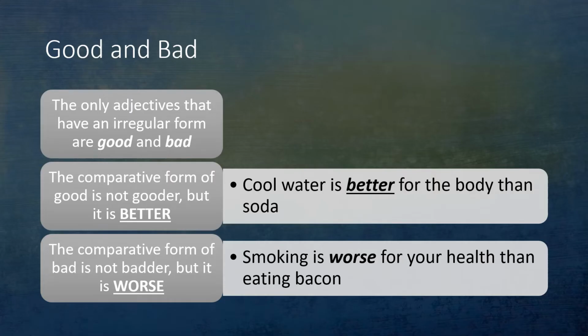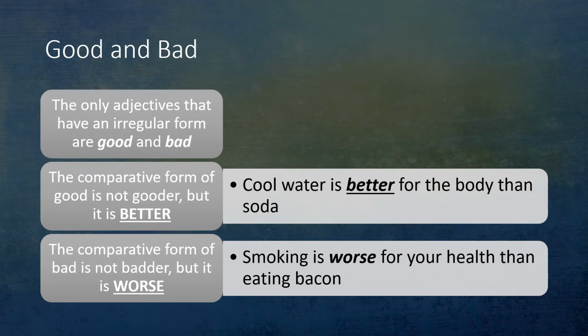Now, as always, there's going to be an exception to the rule, and there are going to be irregular forms. The irregular forms here are for the adjectives good and bad. So we do not say gooder, we don't say badder in standard English.